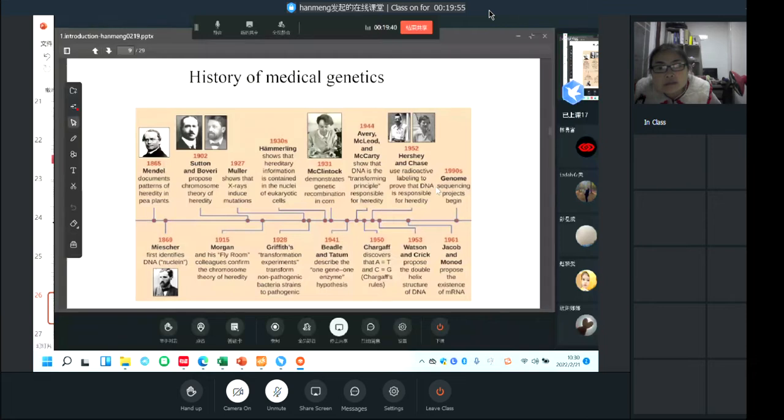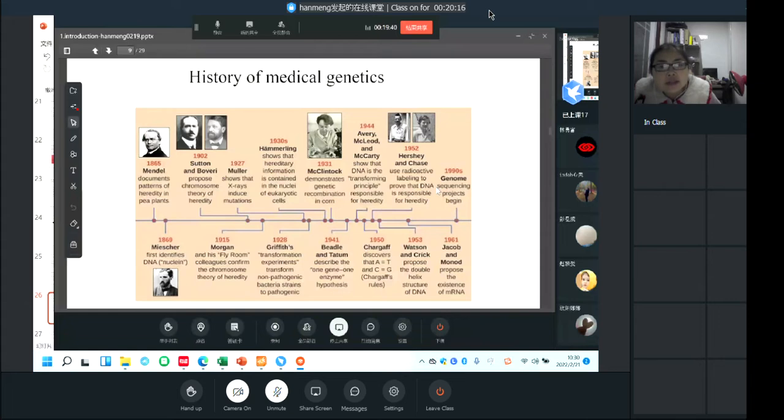That really revolutionized medical genetics. Medical genetics has become the main body of molecular medicine in the 21st century, but the heyday of molecular medicine has not yet arrived.